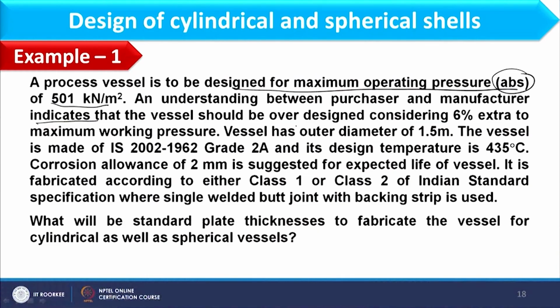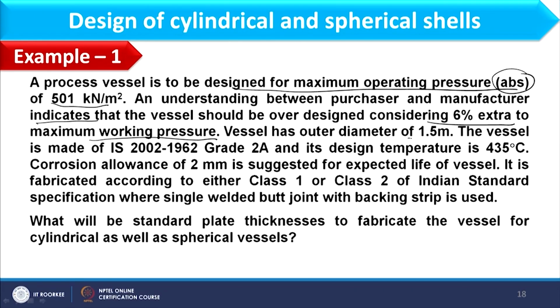An understanding between purchaser and manufacturer indicates that vessel should be over designed considering 6% extra to maximum working pressure. So, here usually we consider 5% extra, but here as it is required by the customer, that 6% extra is required. So, we will design accordingly.